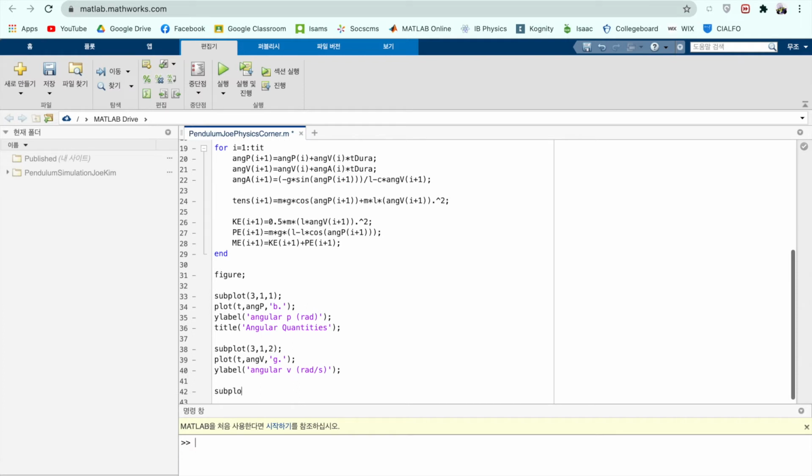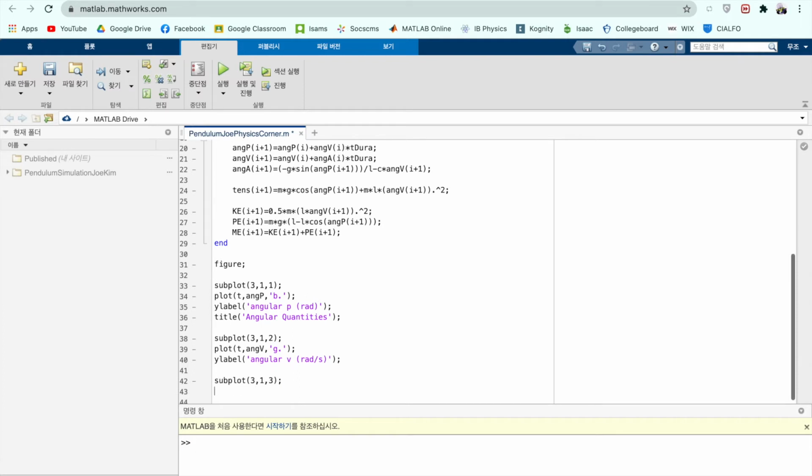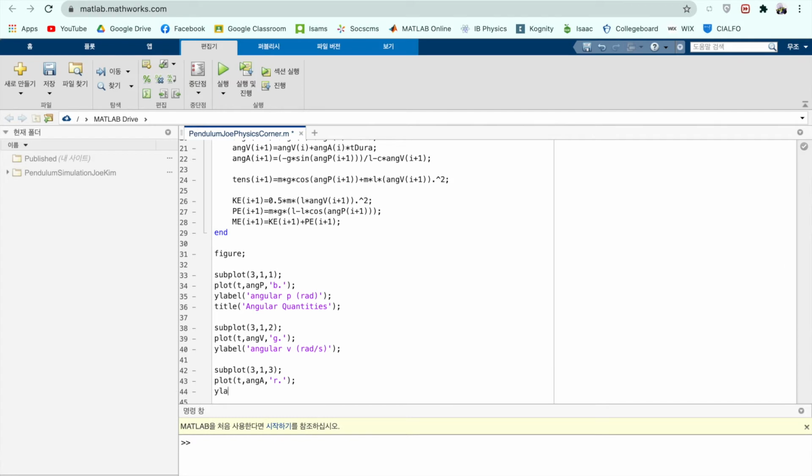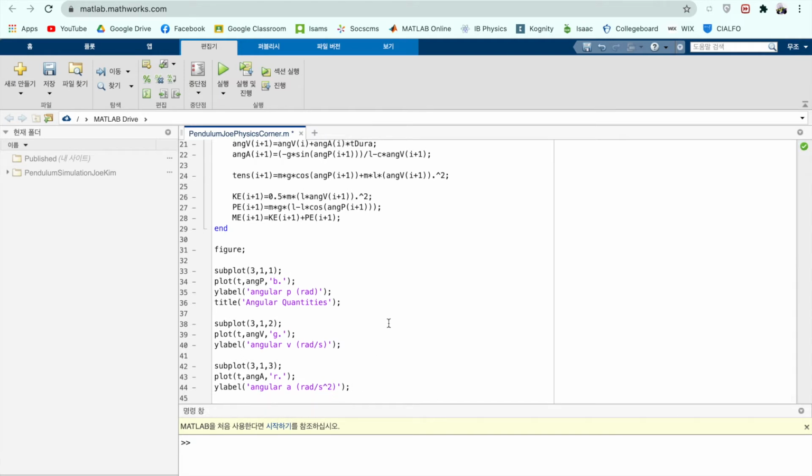And then I'm going to plot another graph, which is my third graph, with the time, the angular acceleration. I'm going to use red now. And the y label would be the angular acceleration in terms of radians per second squared, obviously, because it's the acceleration.